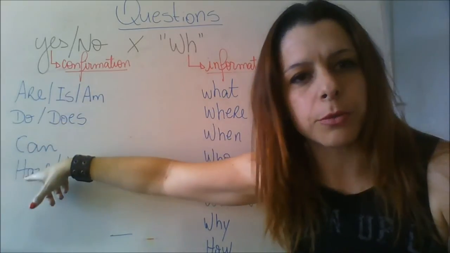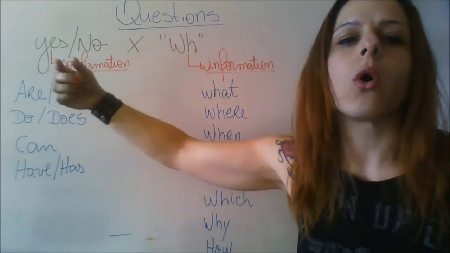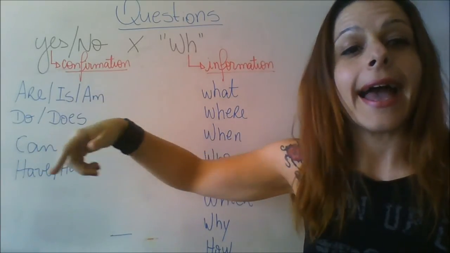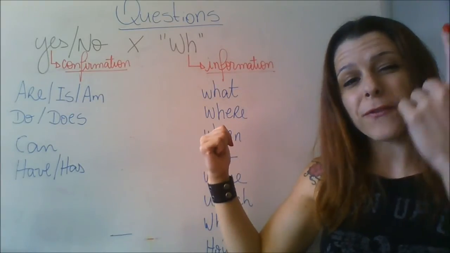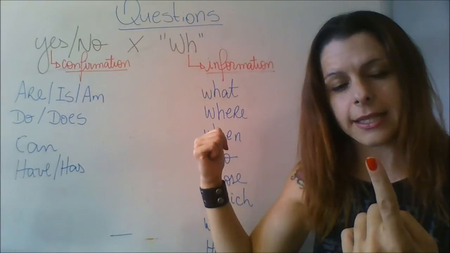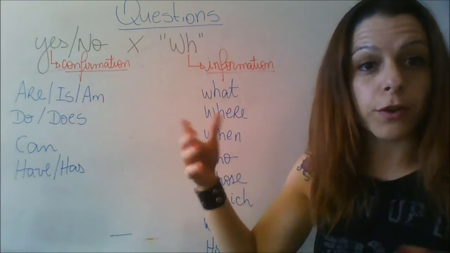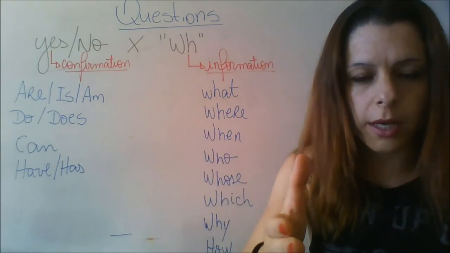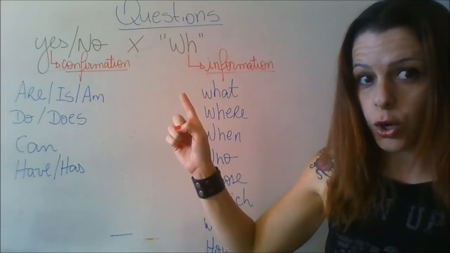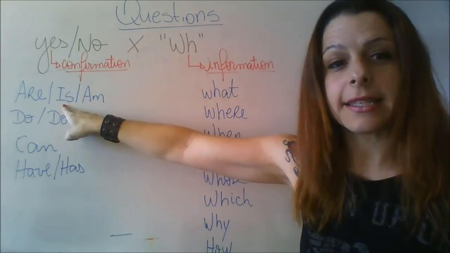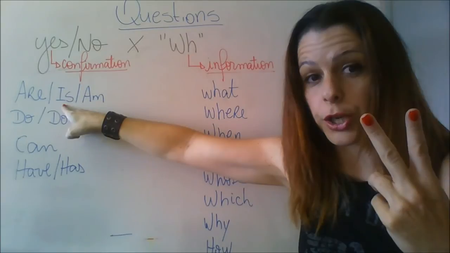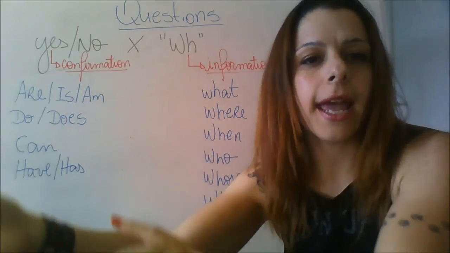Start with verb to be or verb can or auxiliary. But here, the first word of the sentence is the WH word. For example, what is the first word, is the second word, and the rest, your name.